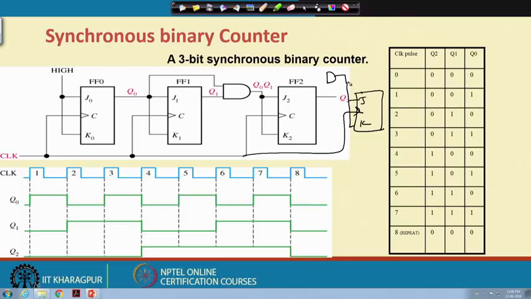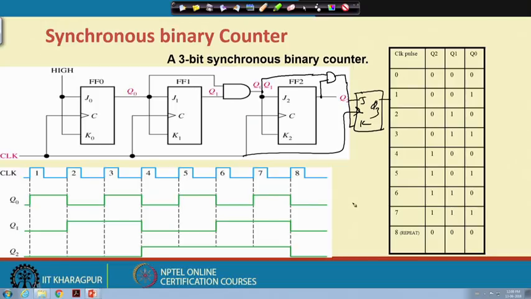This AND gate should have input from this line and also this line. If we say this is Q3, then Q3 will transit only when Q0, Q1 and Q2 all of them are 1. So this line should be 1 and this line should also be equal to 1. You can make a connection like this.